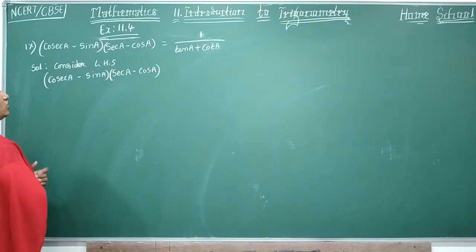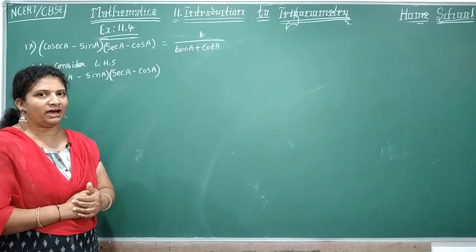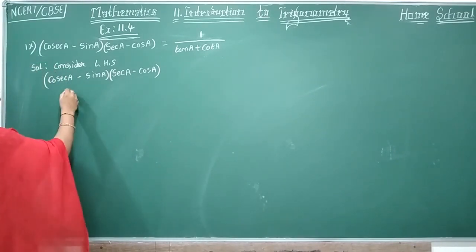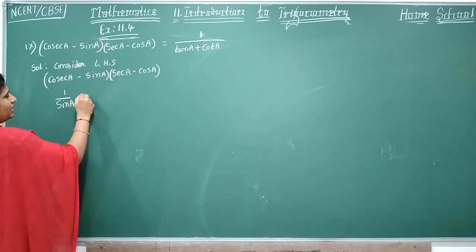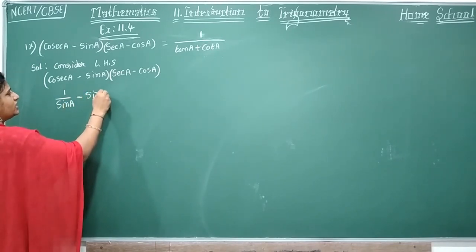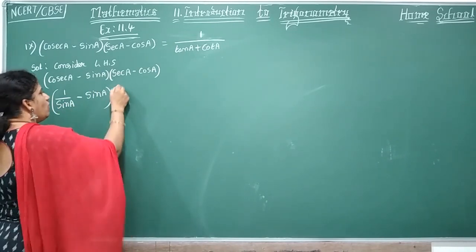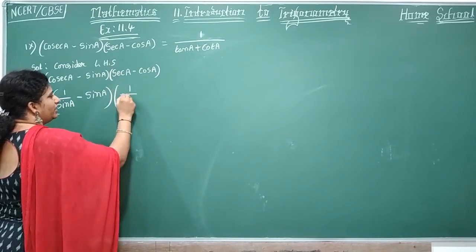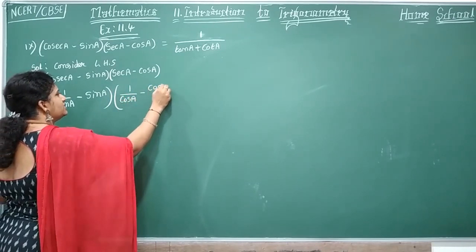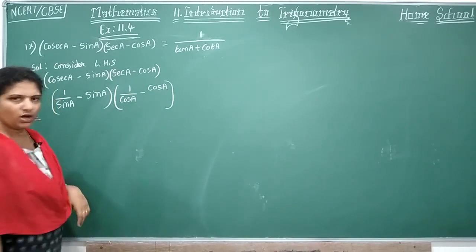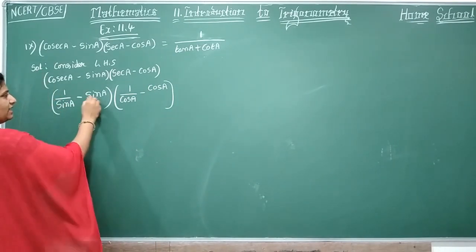Let's start. Cosecant A, how can you write? Cosecant A is 1 by sin A. So write here 1 by sin A minus sin A, you cannot change. Again don't write 1 by cosecant A, as it is you leave. Now what is secant A? It is 1 by cos A minus cos A. Okay. Now look here. What I need to do here? Do the LCM.